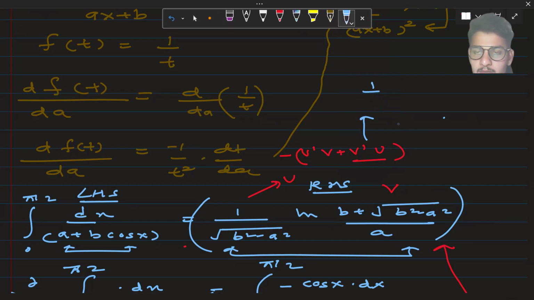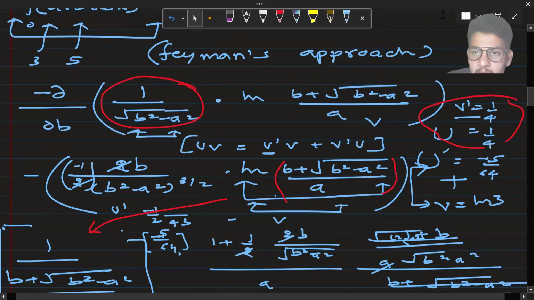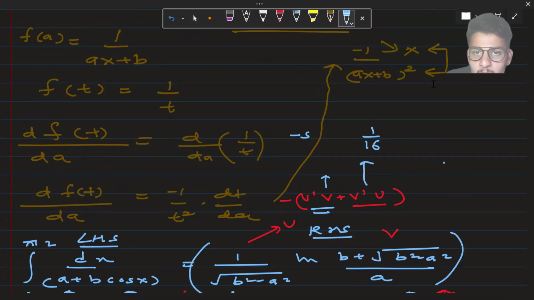So this will come as 1 by 16 and this will come as what? Here are the values, minus 5 upon 64 into ln 3. So this is this much value. So will this be the answer or not?